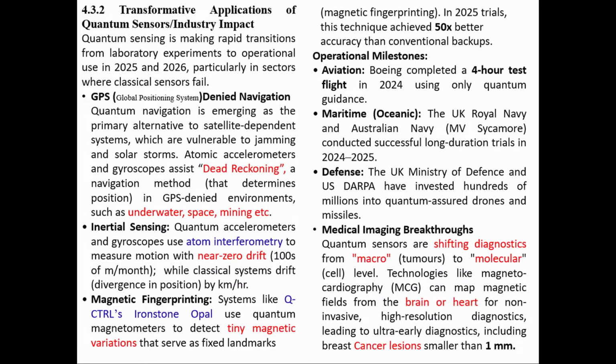And medical imaging breakthroughs. Actually, now medical diagnostics are shifting from the macro to the molecular, that means from tumor level to individual molecule. Suppose a single cancer molecule is born or modified with a mutation, then you can't really identify that at its molecular level unless it becomes a tumor.